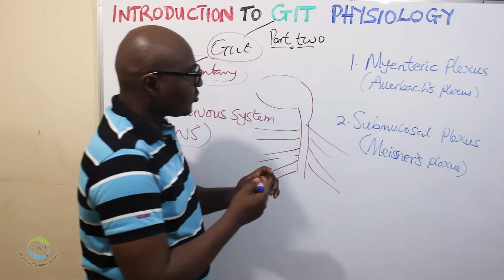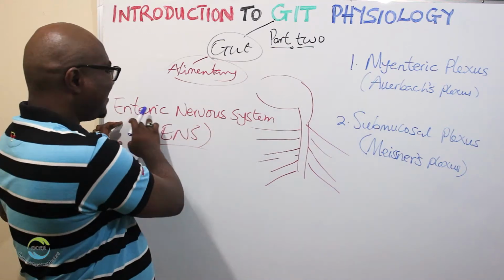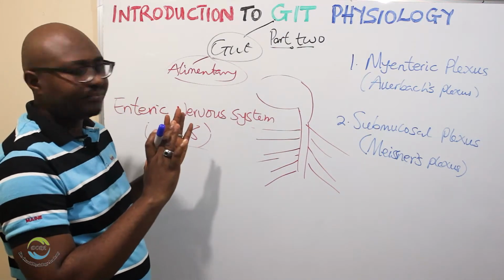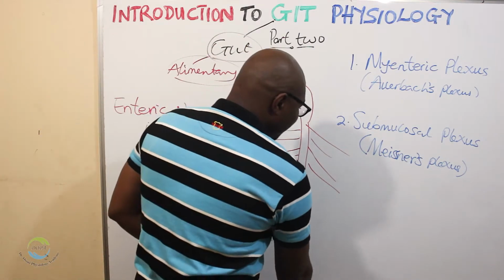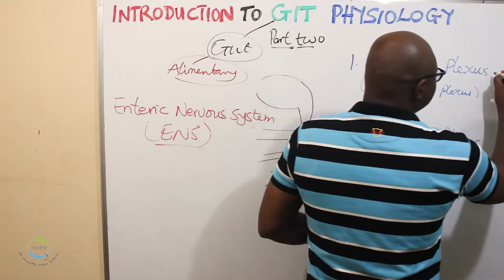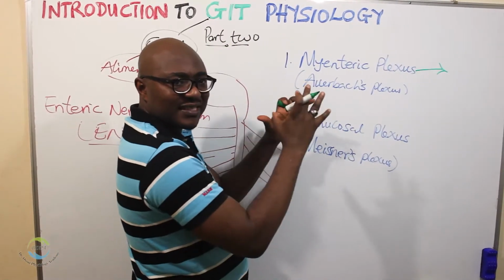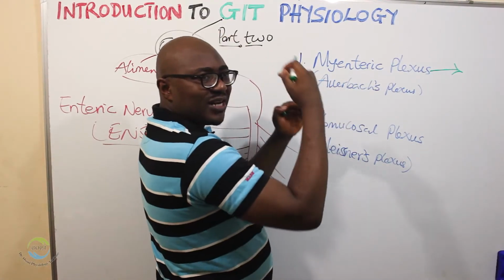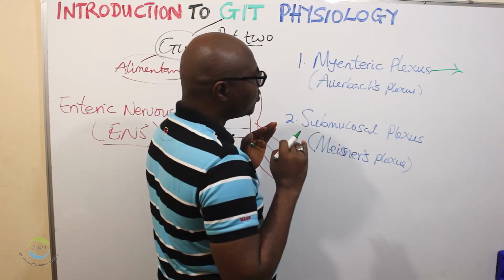Now, these two form the enteric nervous system. We mentioned all this, we are now revisiting it and focusing on it. The myenteric plexus is located between the longitudinal smooth muscle and the circular smooth muscle.